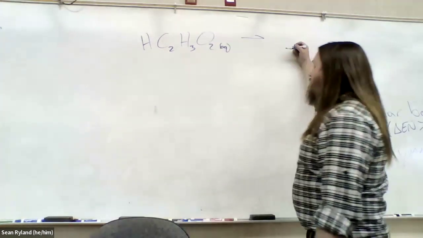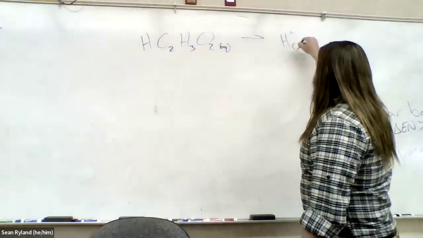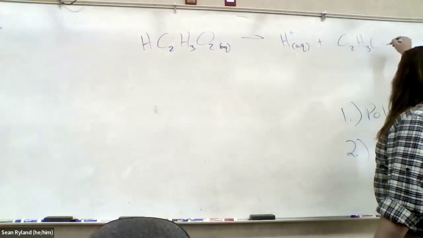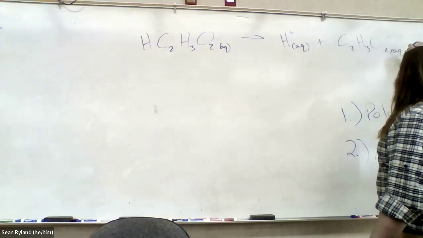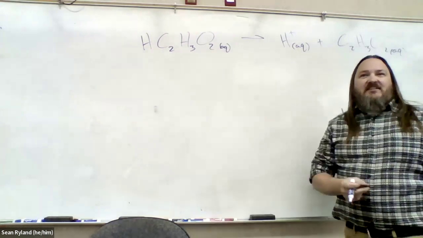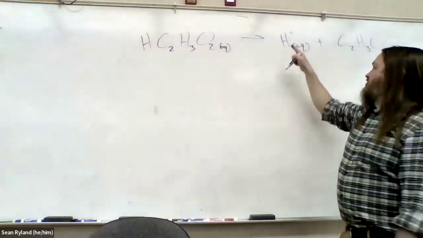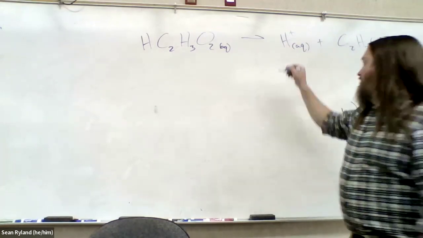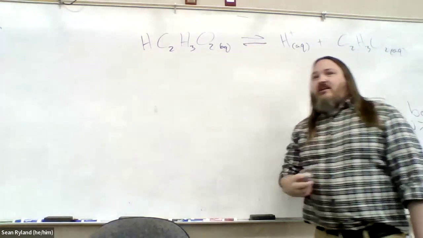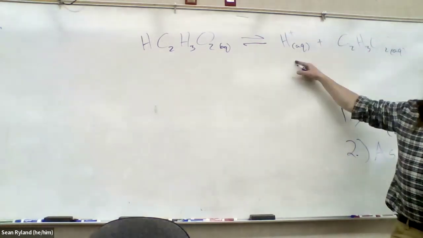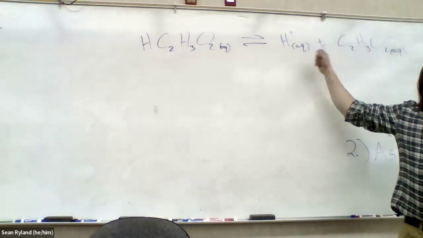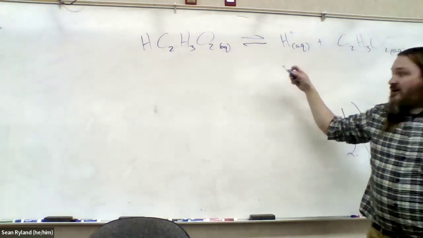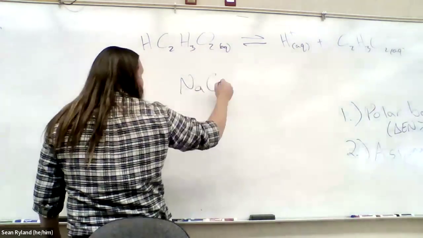It'll react to make H+ ions floating around and acetates floating around. But only like 5% of the time, because as soon as you separate these two, they have a tendency to stick back together. So roughly 5% of the time, you have these present as ions, which means it is an electrolyte, but it's not a strong electrolyte. A strong electrolyte would be like sodium chloride.